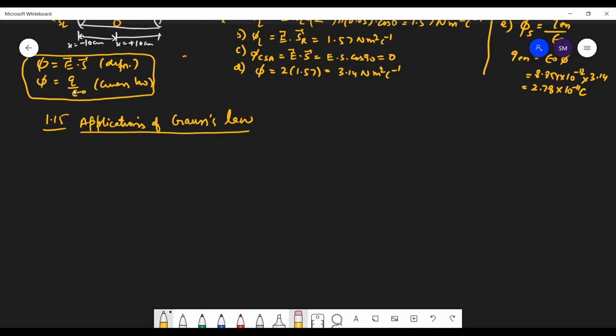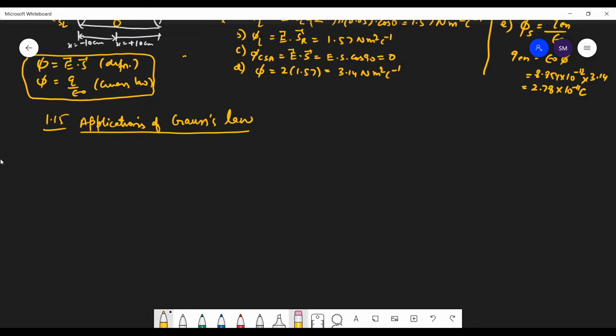Another way is by the Gauss law, that is, flux is equal to Q by epsilon naught. So you can calculate flux in two ways. First way, if the electric field is given to you, and second way, if the charge enclosed by the Gaussian surface is given to you. So these are the two prominent formulas on which numericals will be asked in the exams.